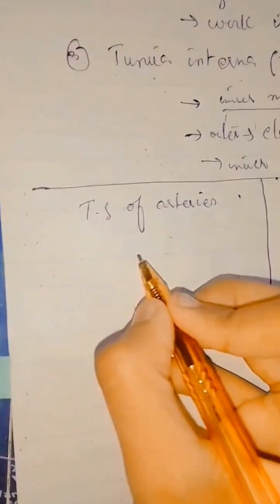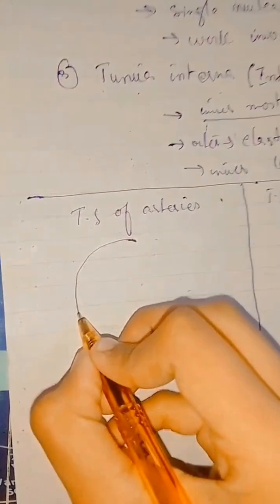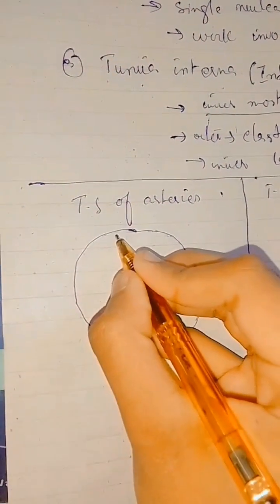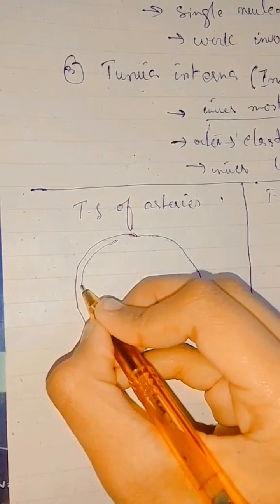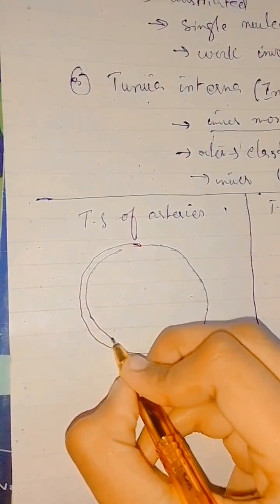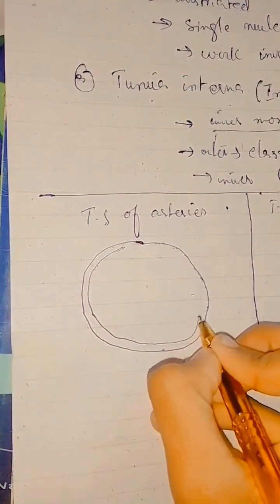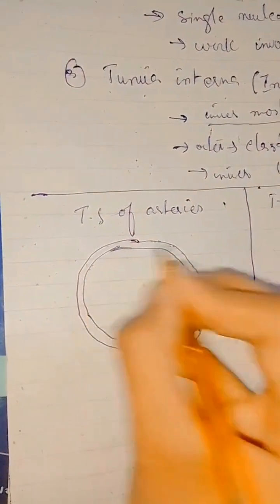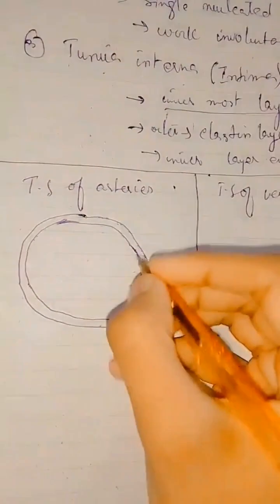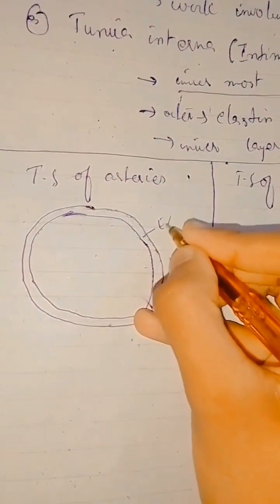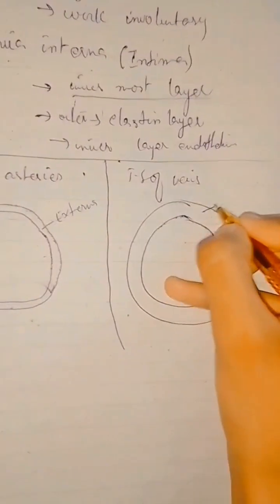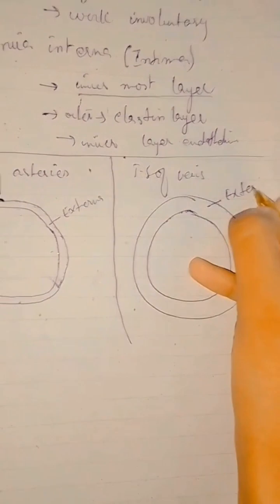The layers are the same, but there are some differences, like I'm drawing here. This is the first layer, tunica externa, and here is the first layer, tunica externa in veins.